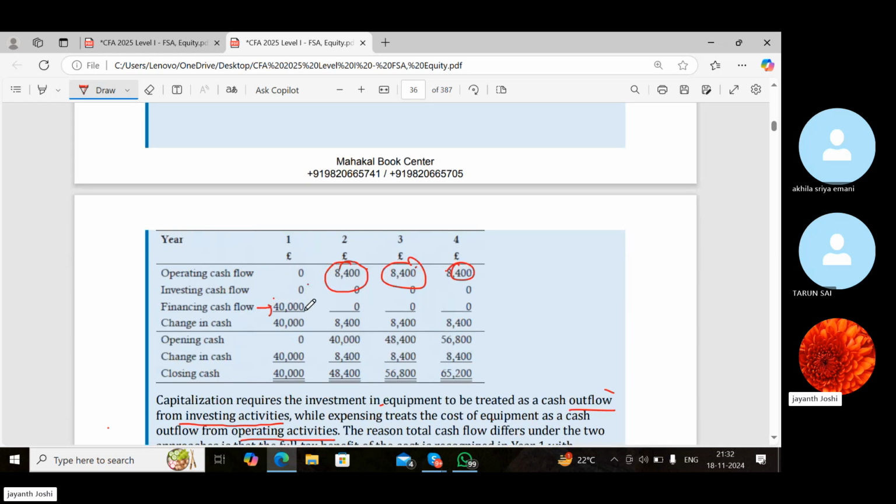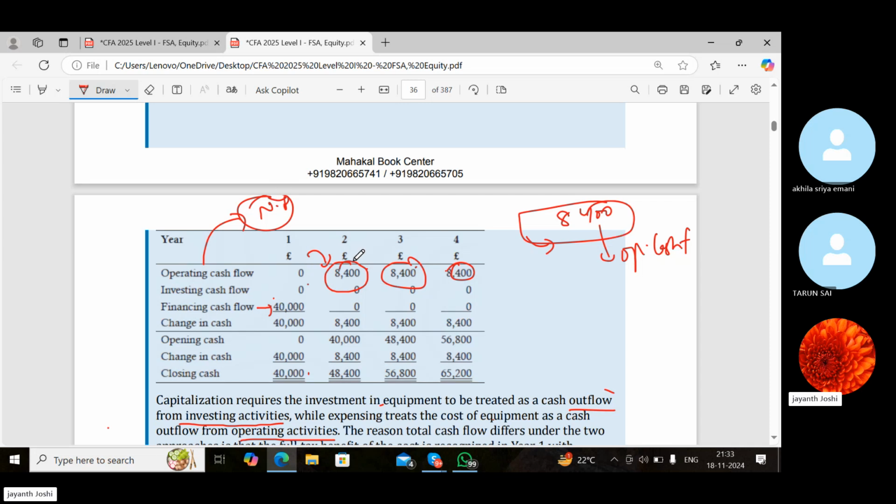So, the first year, this is the case. Okay. Second year, you start your operating activities with net profit, correct? So your net profit was 8,400, working capital changes, nothing is given. So this only becomes your operating cash flow. So net profit, no adjustment we are doing to this.